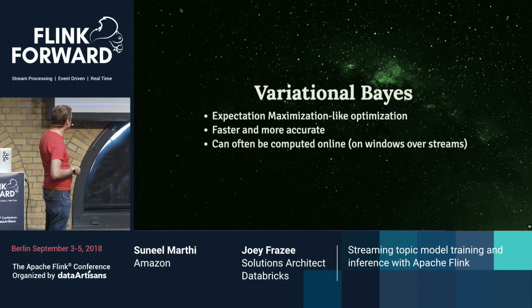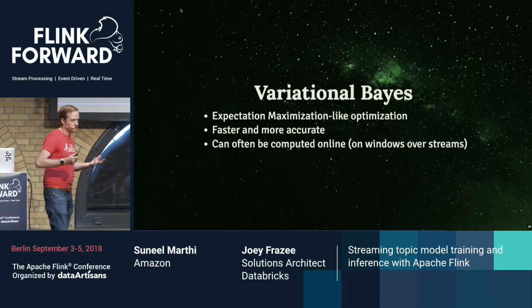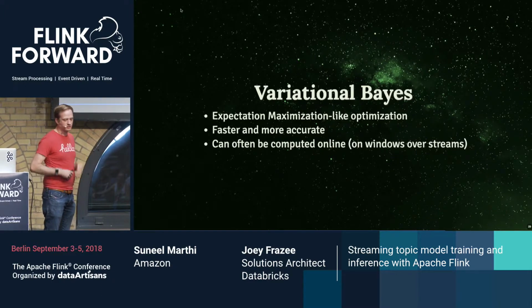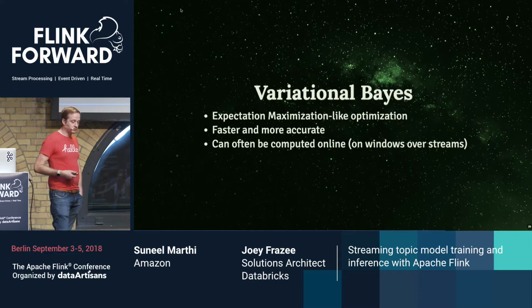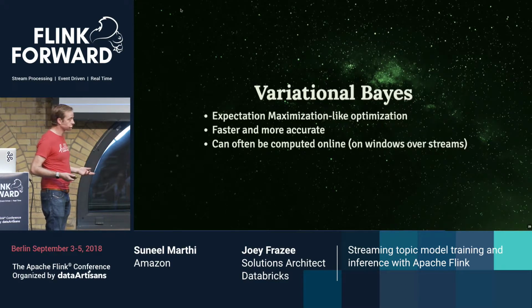What's nice about it is that it looks like an EM-like optimization, so it's pretty straightforward to do. It's often faster and more accurate than something with MCMC, and most often it's easy to come up with a way of doing it online or iteratively.